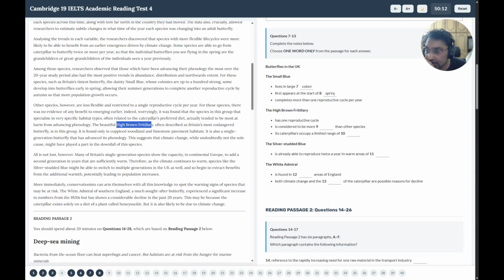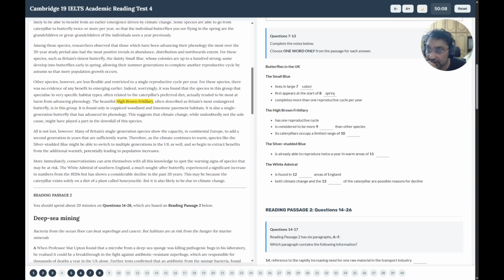Okay, we've got high brown fritillary as Britain's most endangered. It is considered to be more endangered than most butterflies in this group, which means compared to others. Since I'm not sure about the spelling, what I'm going to do is copy, Control C, go there and paste. This feature will be available in the test.